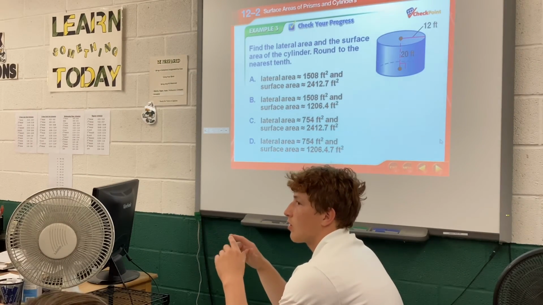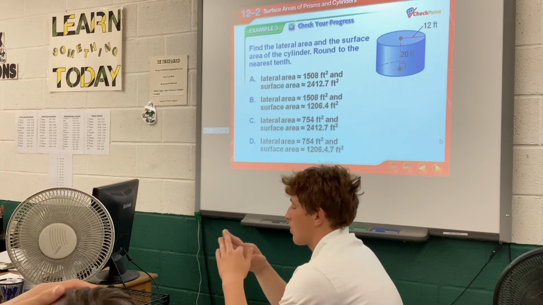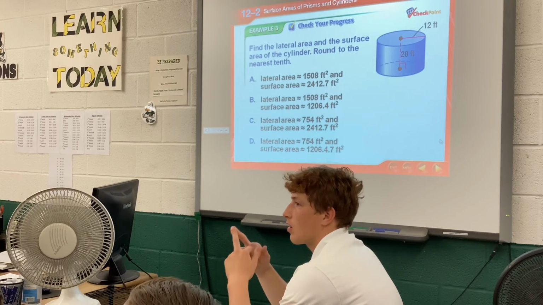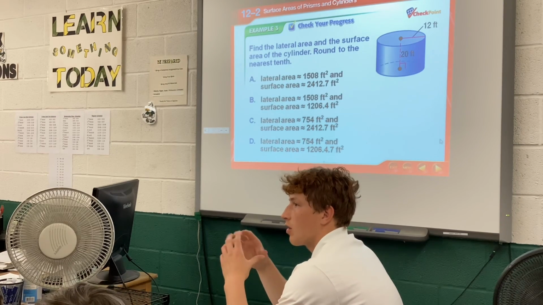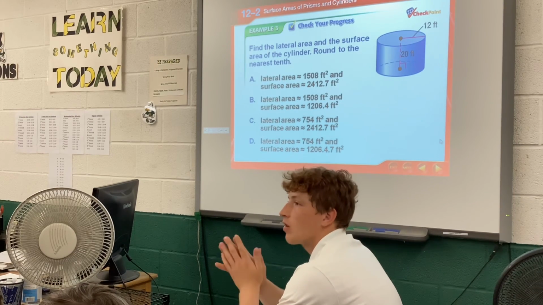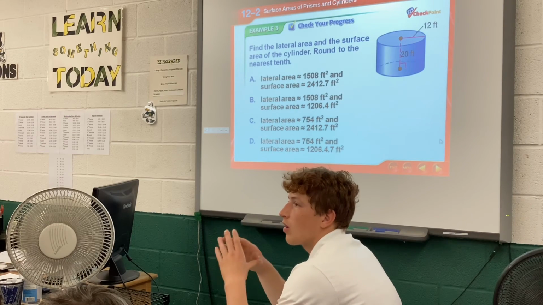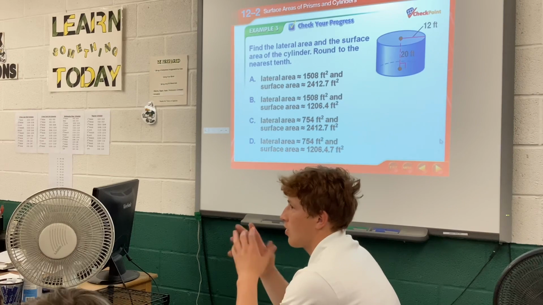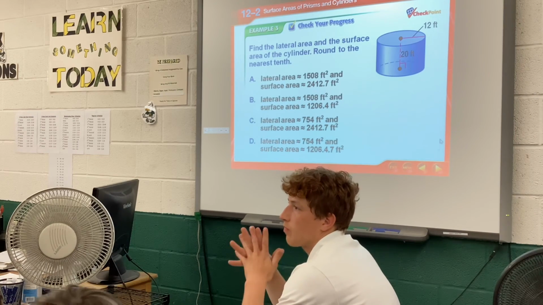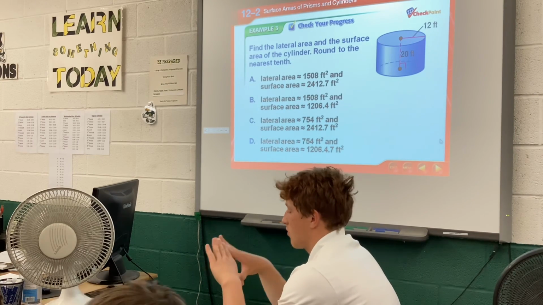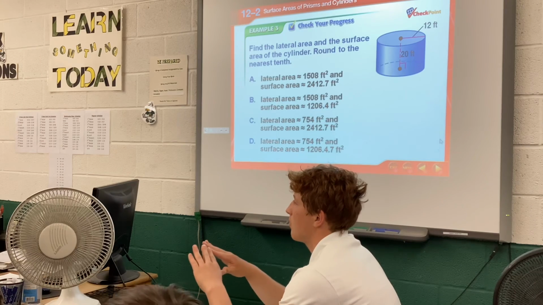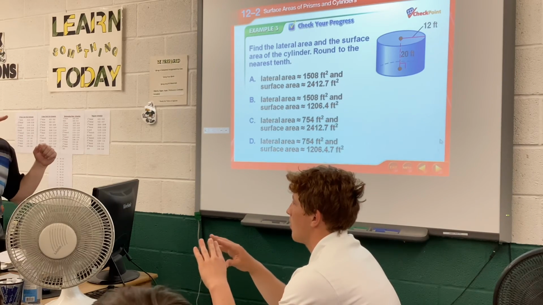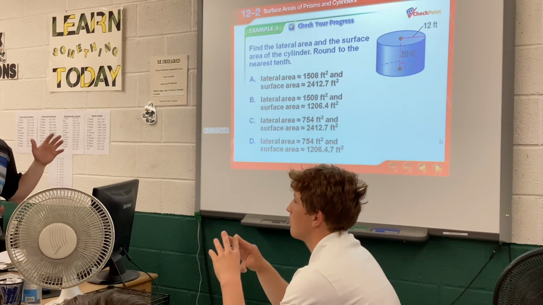Those are a little bit more complicated, and I think you'll see more of the oblique things when we get to volume than when we do lateral and surface. But essentially it's the exact same formula, we're just manipulating it a little bit. Do we need to go through this one? Does anybody have any other questions? That's the whole lesson.